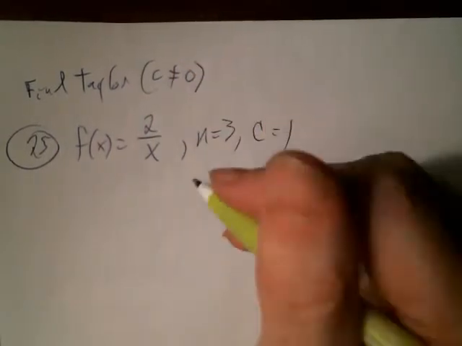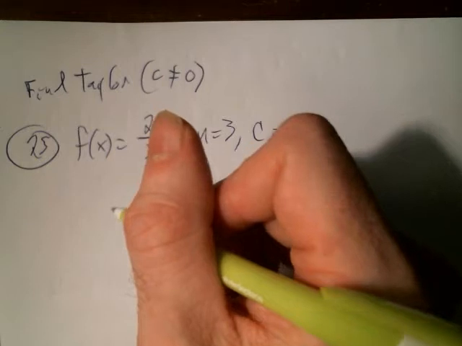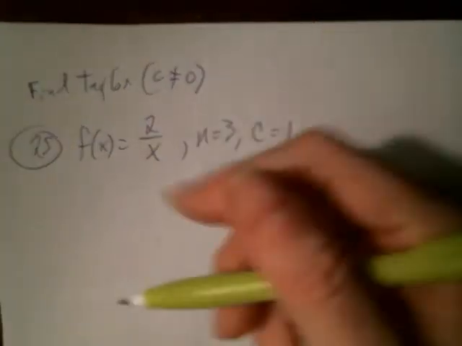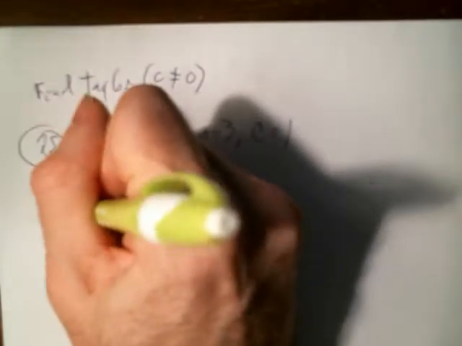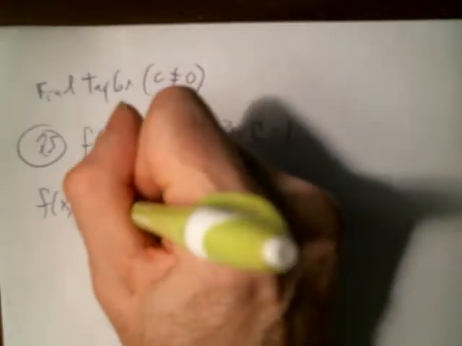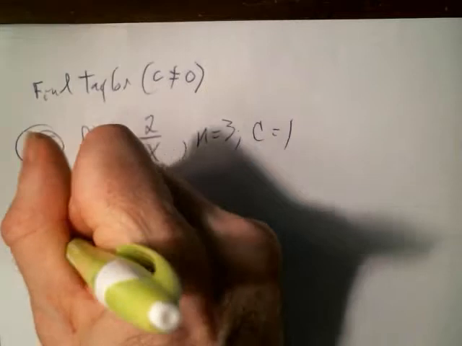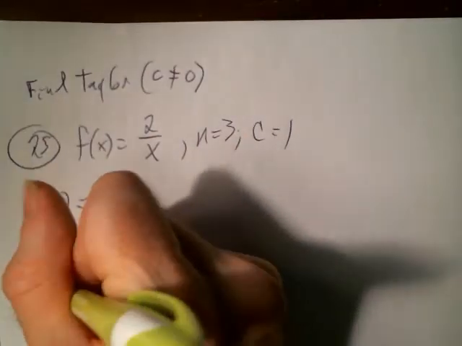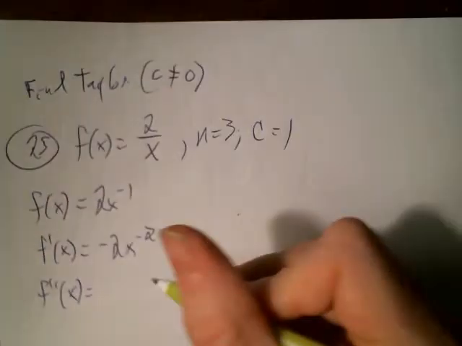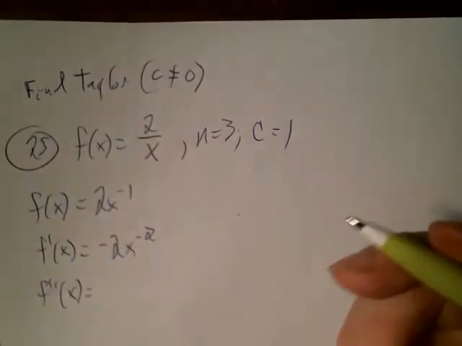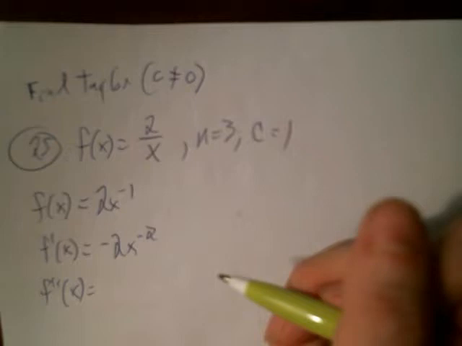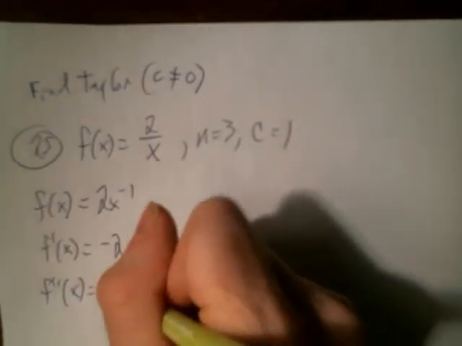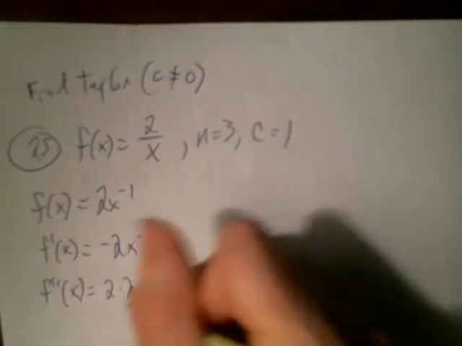Anyways, I don't know what the book was thinking, but let's take a look here. So I need the first 3 derivatives of this thing. I'll rewrite 2 over x as 2x to the negative 1. So f prime of x is negative 2x to the negative 2. F double prime of x is, sometimes it maybe is a little better to keep things separate. So negative 2 times negative 2, I'm just going to write 2 times 2x to the negative 3.